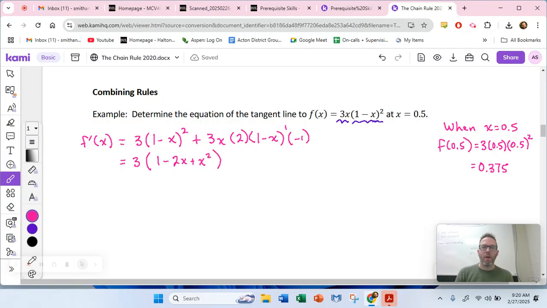So 1 minus x squared would be 1 minus 2x plus x squared. And then what do we have? We have 3x and 2 and minus 1, that's minus 6x times 1 minus x. Then we can just do the distributive law and collect some like terms: plus 3x squared minus 6x plus 6x squared.